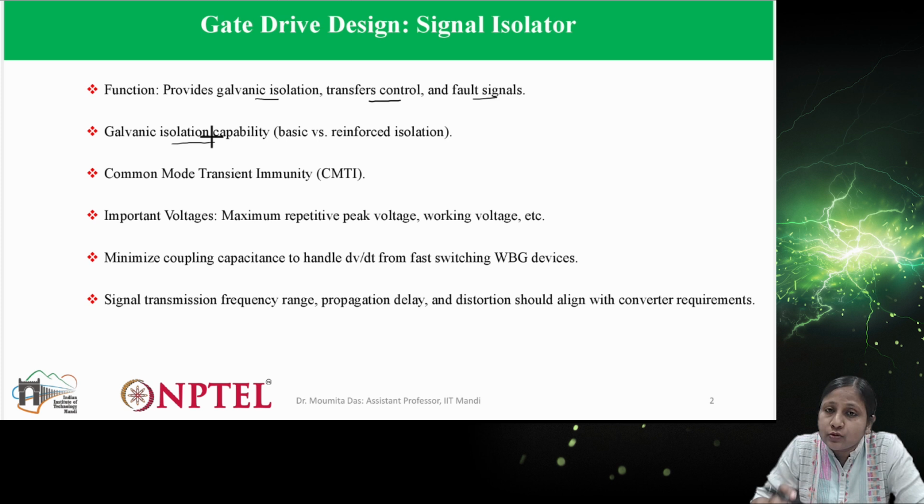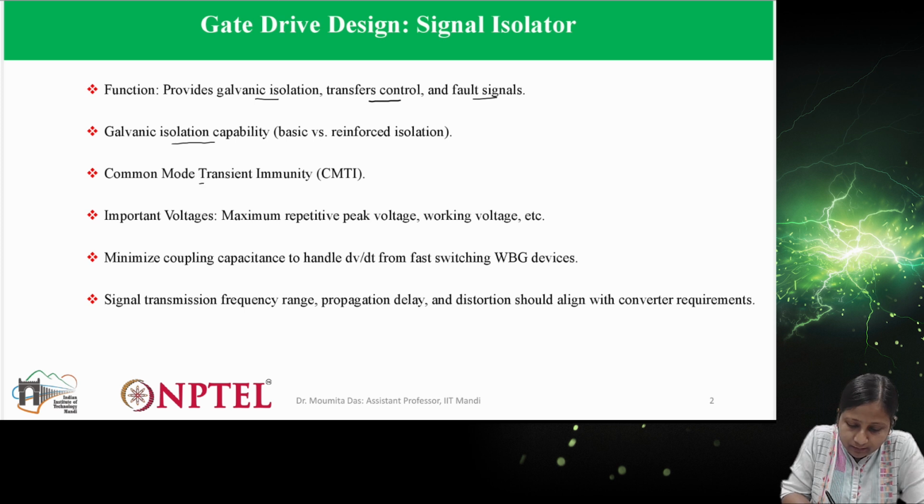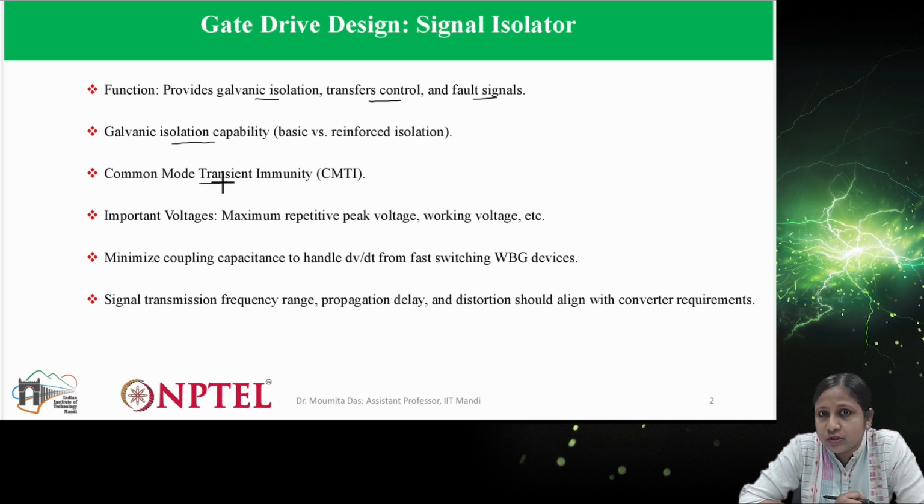The isolation potential should be more than the device voltage rating, and it should also have common mode transient immunity. If I consider wide bandgap devices, they operate at high frequency. High frequency means there will be dv/dt and di/dt problems, so this transient immunity capability should also be included in the signal isolator.